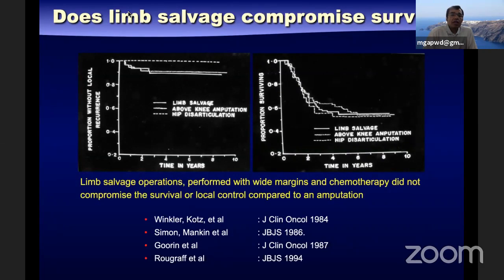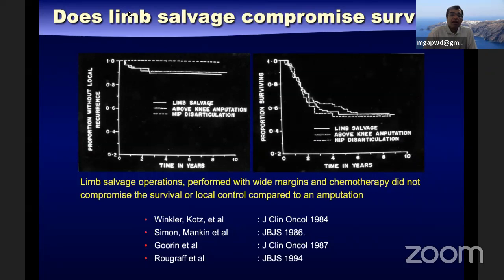You can see that local recurrence does not happen with a hip disarticulation. The local recurrence rates with a limb salvage as well as with an above knee amputation are the same. But the survival is the same with all the three, which means that there is no advantage of doing a hip disarticulation for a distal femur osteosarcoma, because the survival does not change even though the local recurrence rates are higher.